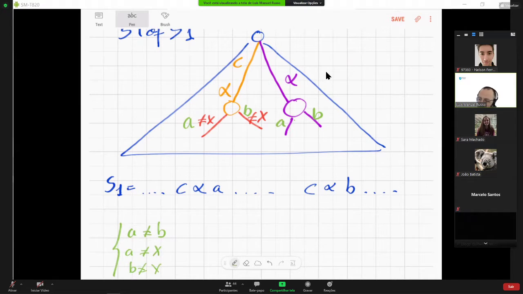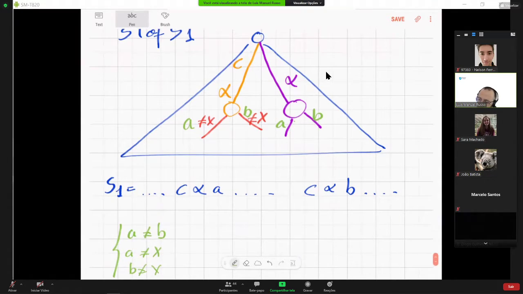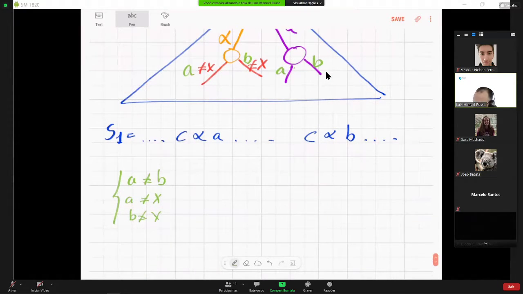So basically what I'm saying is that if I have a node with a path label C alpha, then I have to have a node with a path label just alpha. That's our reasoning over here. So this is an observation.